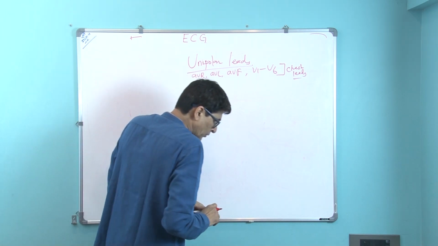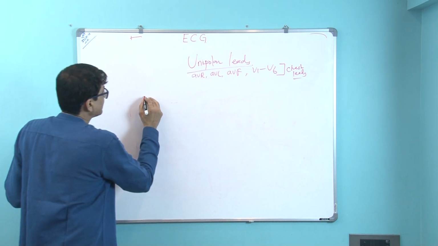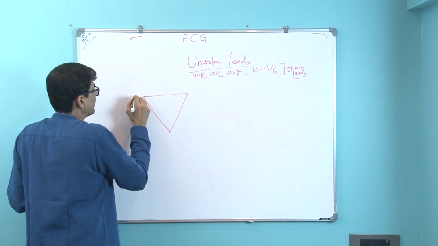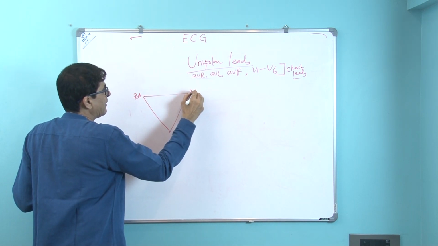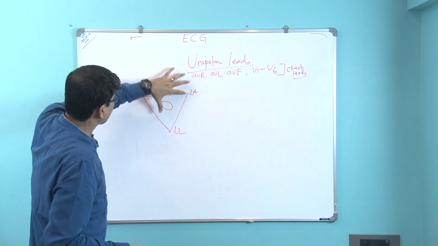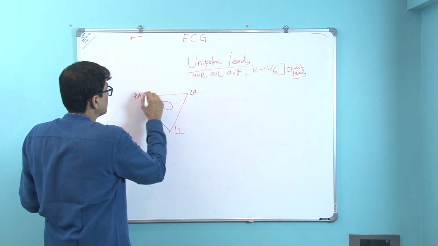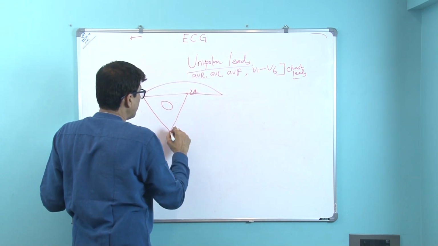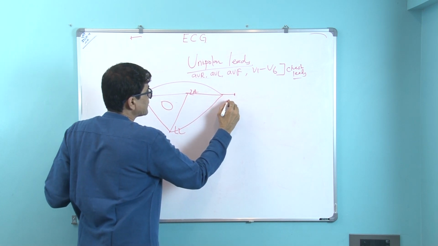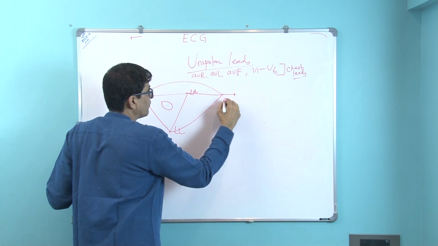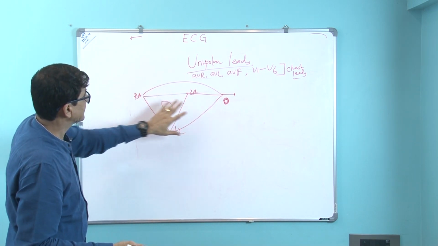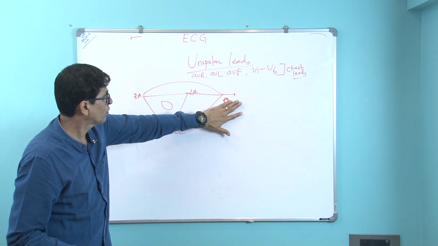What happens? Einthoven found, as we have seen in this triangle, Einthoven's triangle, with the right arm, left arm and left leg, the heart is in the center. When all these three are connected to a common pole, the potential of this is 0. If you add all these three, the potential will be 0.